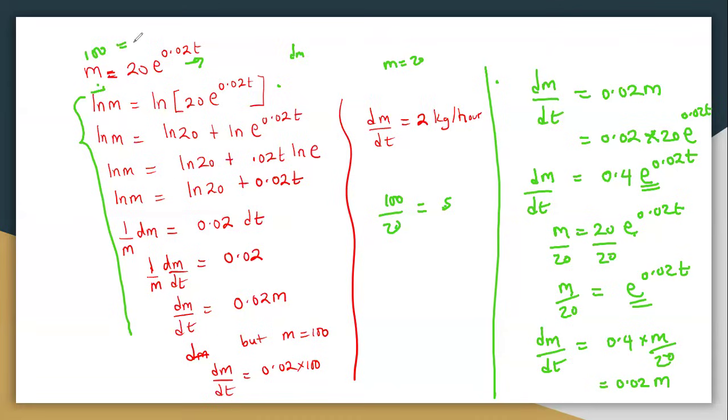So when I replaced by 100, I divided both sides by 20 and I got ln 5 over 0.02 equals 0.02t over 0.02.